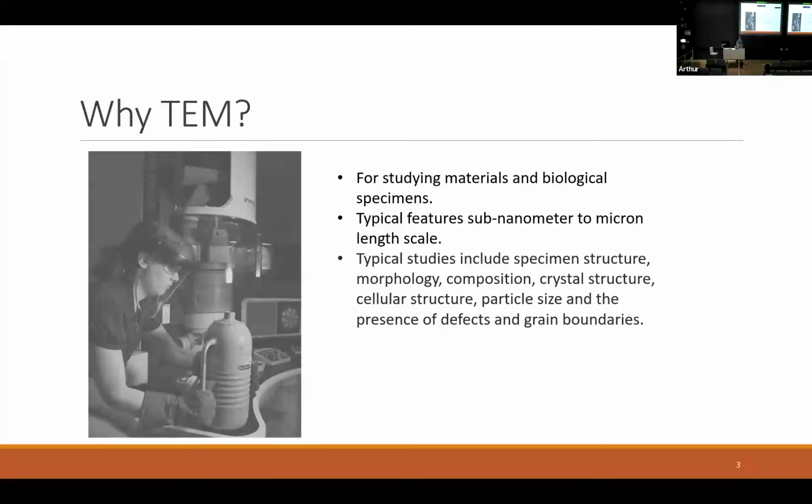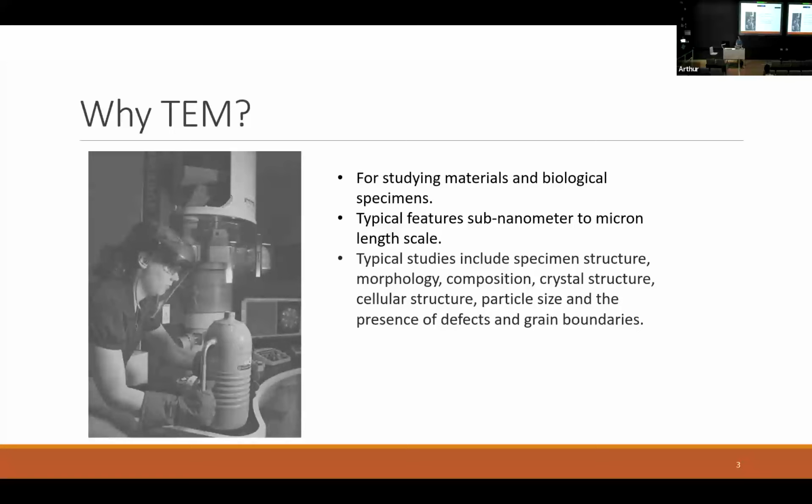It's slightly different to SEM in that it has higher beam energy, and that allows us to have fewer aberrations in the system, which is what allows us to push the resolution limits a little bit further. We use it both for materials science and for biological work. We've got Nikki in the room, our biological science imaging expert, and I think she's going to be giving a talk on that later in this series.